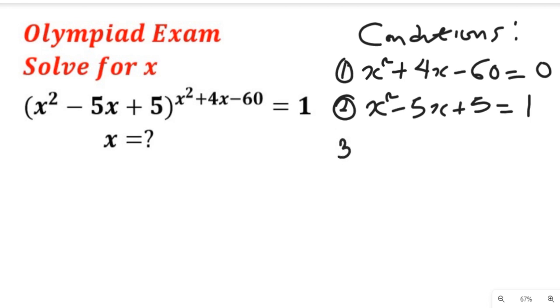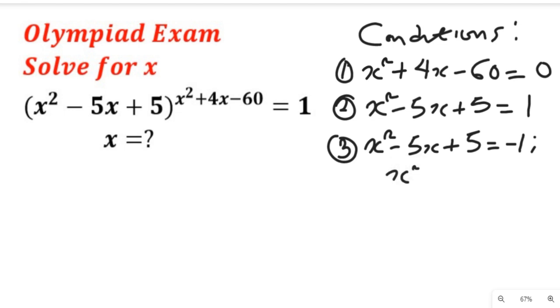Now in condition 3, the left-hand side can only be equal to 1 if x squared minus 5x plus 5 is equal to minus 1. But this is only possible if and only if x squared plus 4x minus 60 is equal to an even integer.